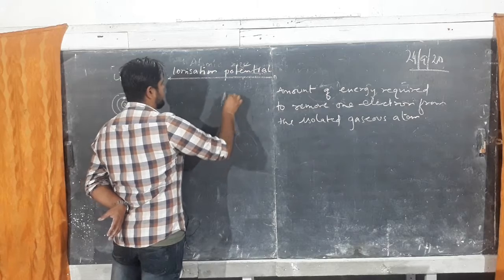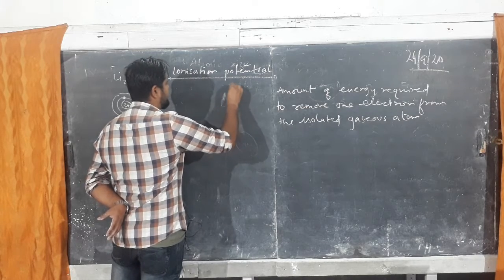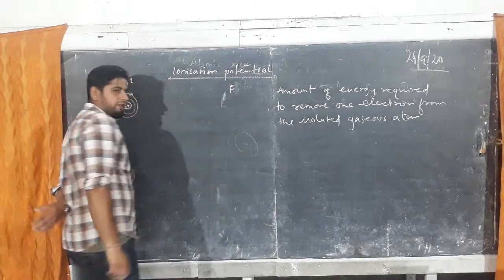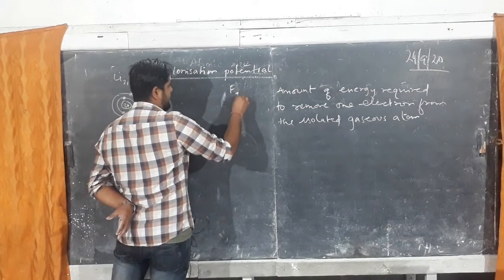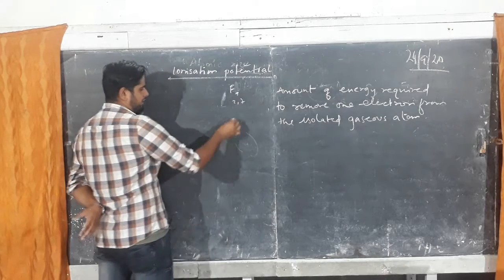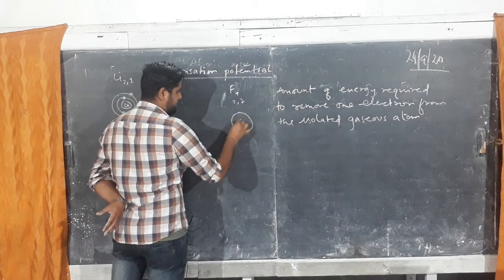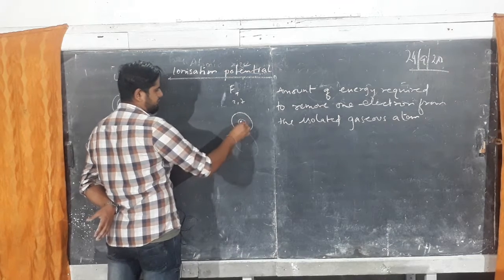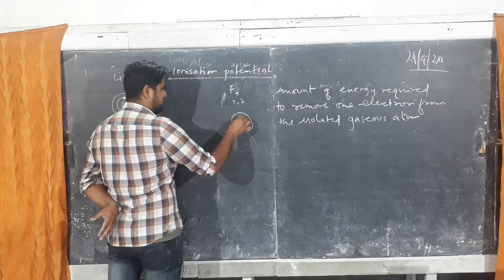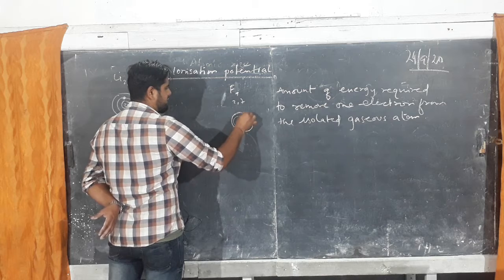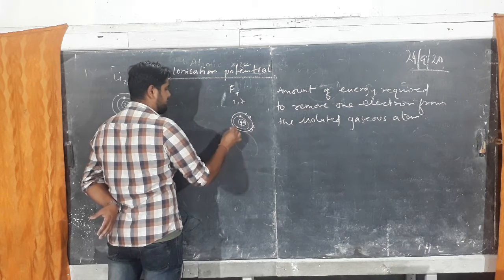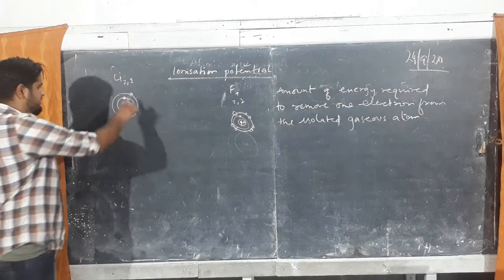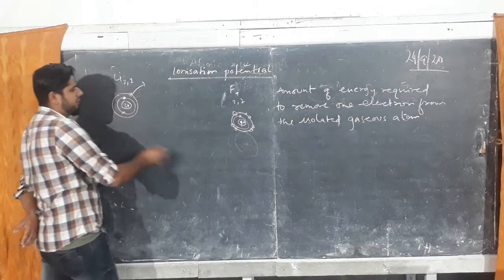Now let us take the example of fluorine. It is 9, 2 comma 7. Here it has a smaller size. Here we have 9 positive charge, yes or no? Here 2 electrons, here 7 electrons.